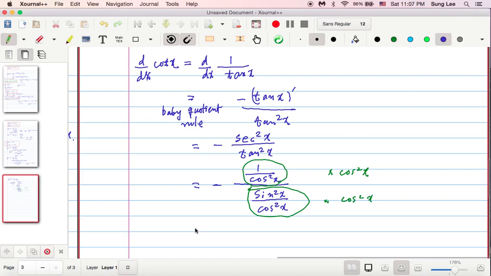And we still retain the equality. So what happens is we cancel these two and we end up getting negative 1 over sine squared x. So 1 over sine is cosecant. So this is negative cosecant squared x. So we get the same thing, of course.